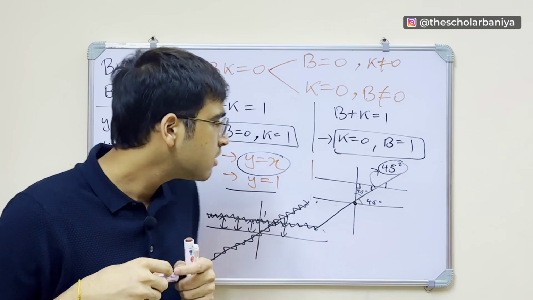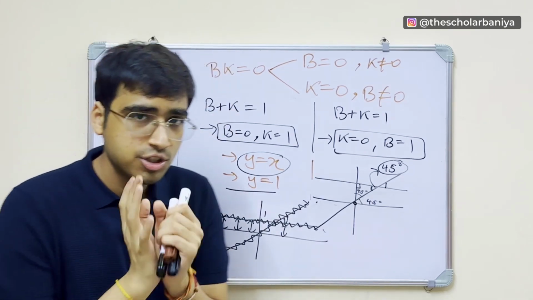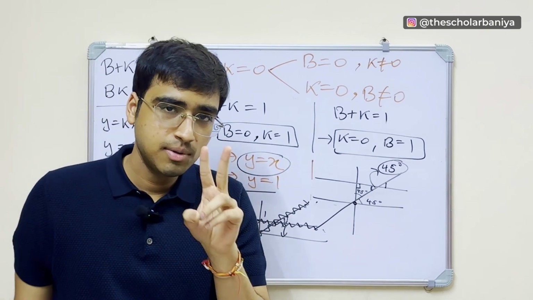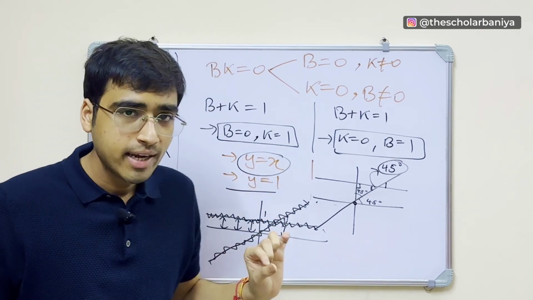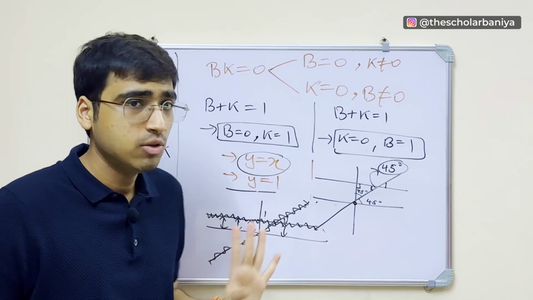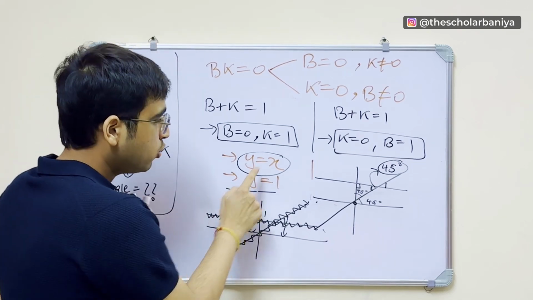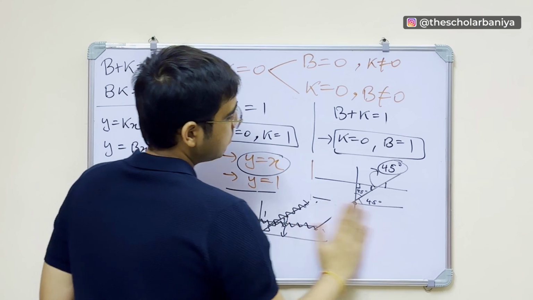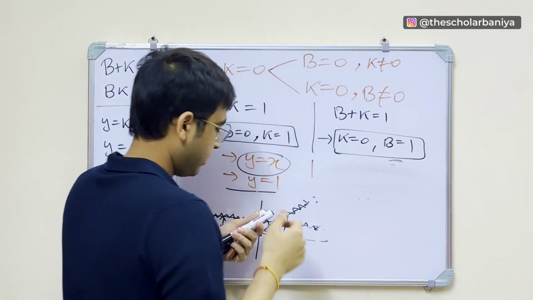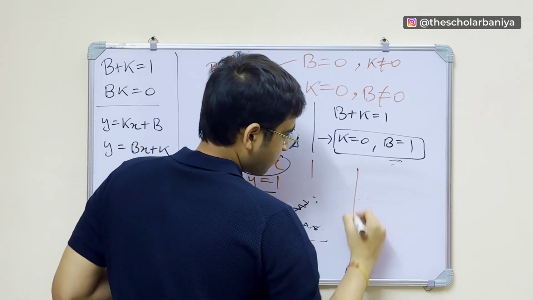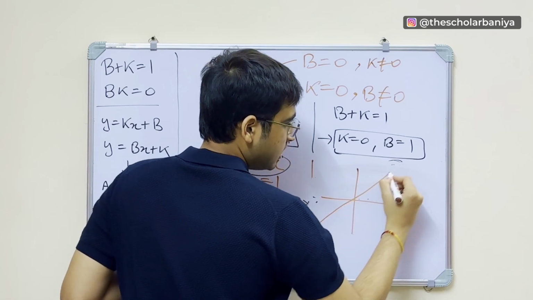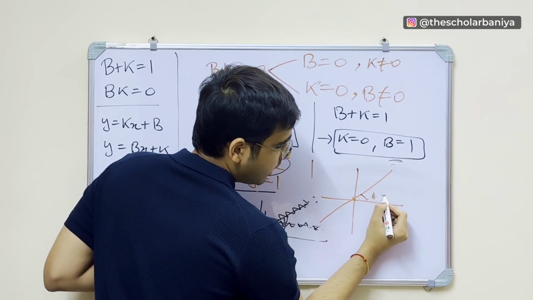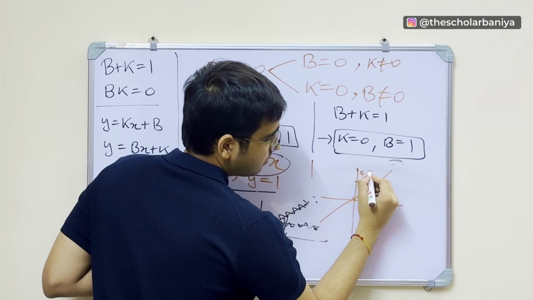I hope this should be clear. So just to repeat again, first we put the values. We find that there are two possible lines. One is y is equal to x and one is y is equal to 1. Now to find the angle between the two lines, this line is y is equal to x. It passes through the origin, and this is 45 and this is 45.